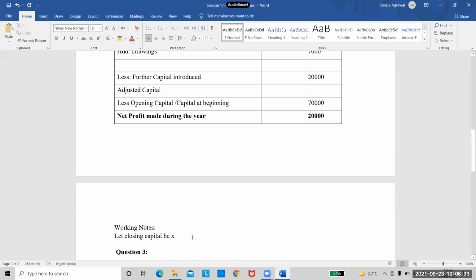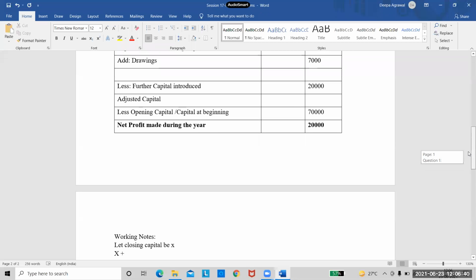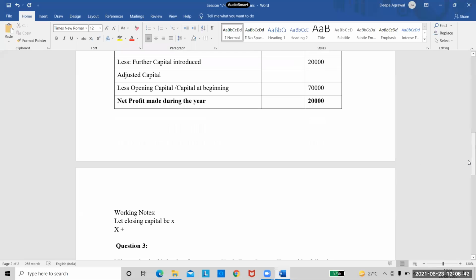So now, how do I do? The equation says X plus, where are my drawings amount? 7,000. X plus 7,000 minus 20,000 and then again minus 70,000 equals 20,000. This is my equation.